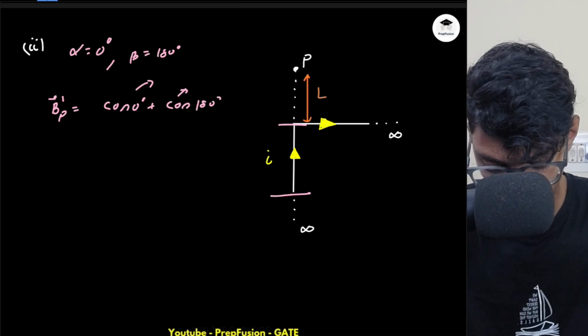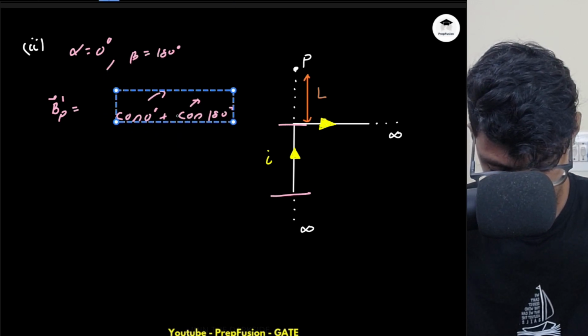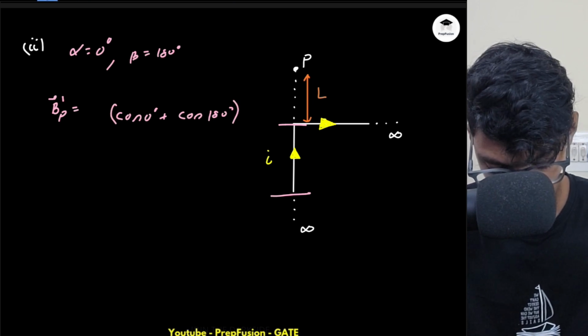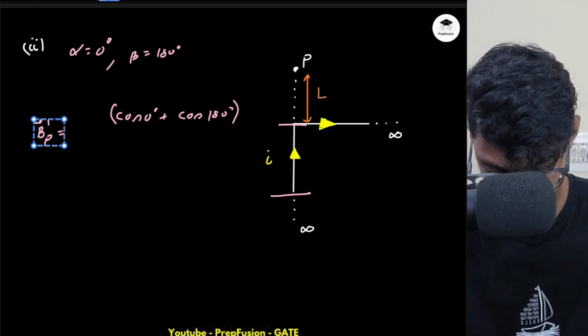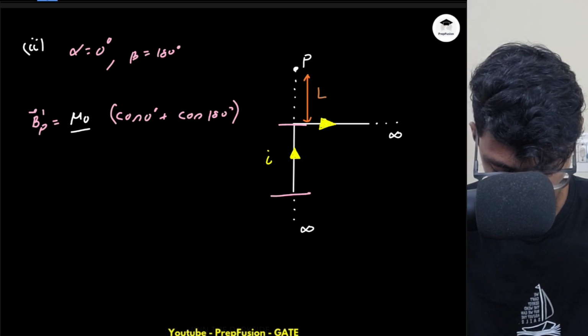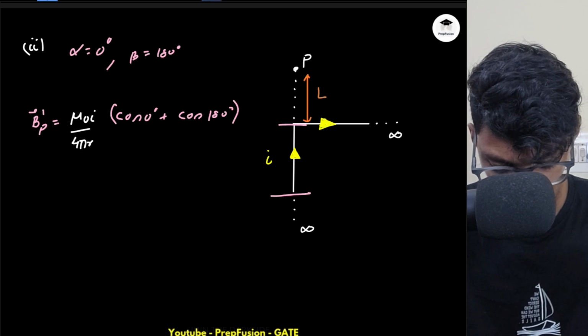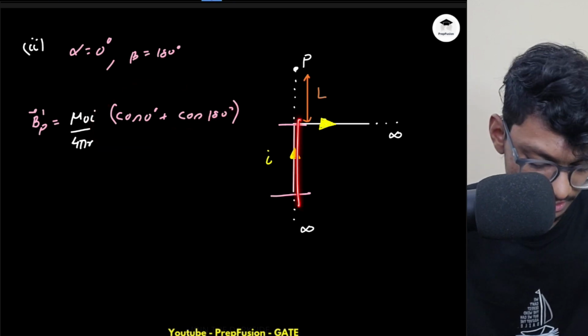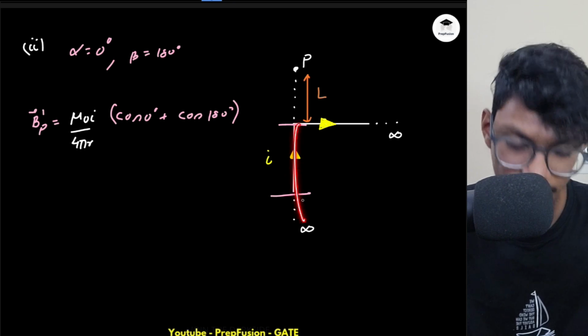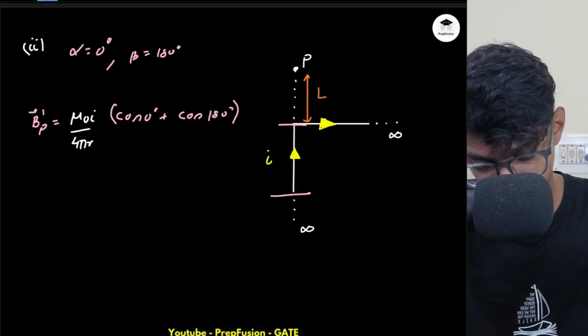So this will overall become 0 simply, and this is mu naught I upon 4 pi R. So if this becomes 0, the magnetic field produced due to this particular section of the wire is simply 0.